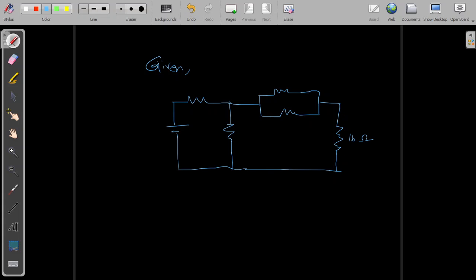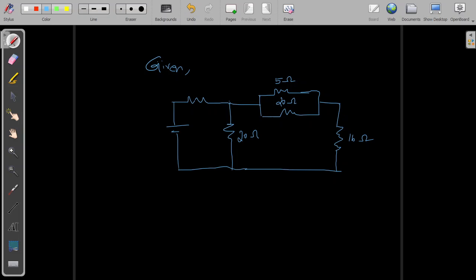This is 16 ohm, then here it is 5 ohm, 20 ohm, this is again a 20 ohm resistor.